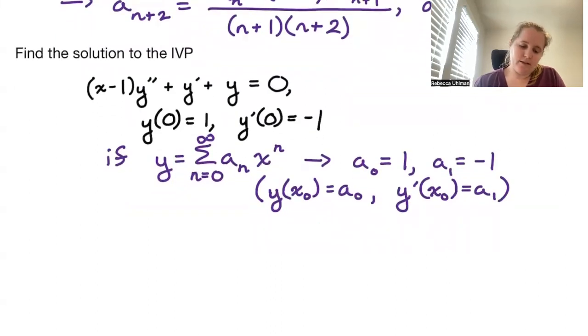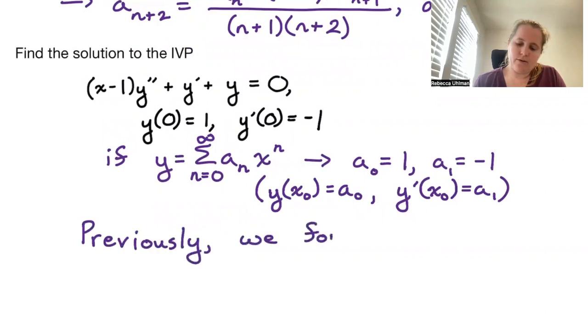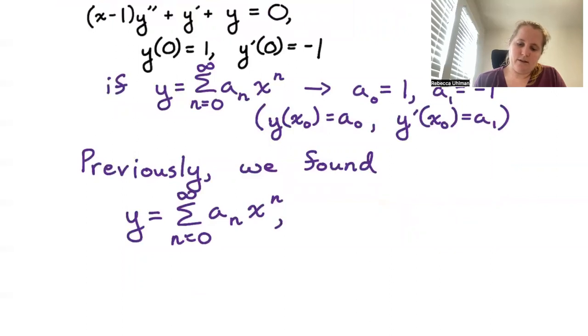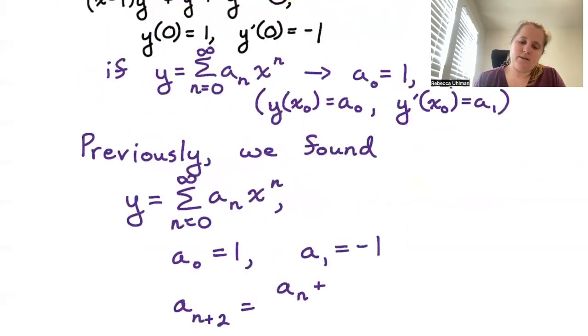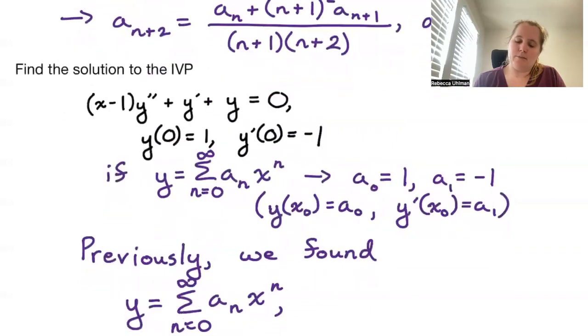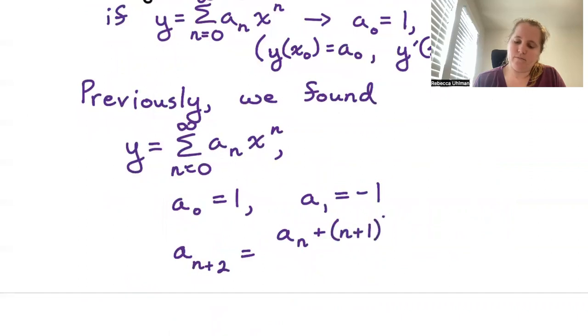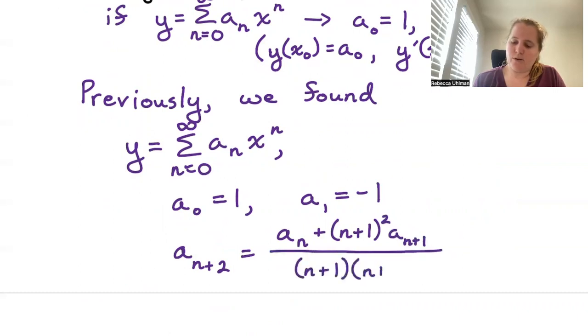So we found previously that y was equal to the sum from n equals 0 to infinity of a sub n x to the n, with a0 as 1, a1 is negative 1, and then from there a sub n plus 2 was defined by a sub n plus n plus 1 squared times a sub n plus 1, all divided by n plus 1 times n plus 2.